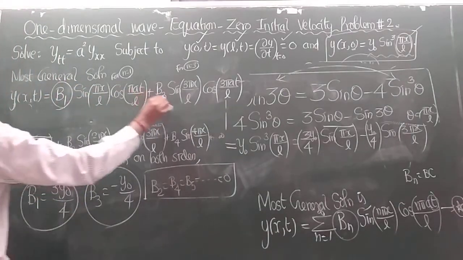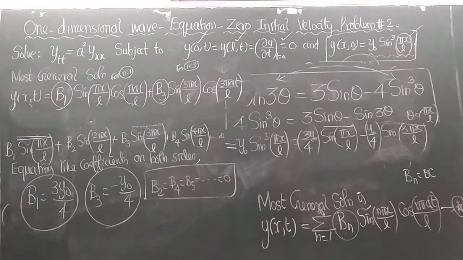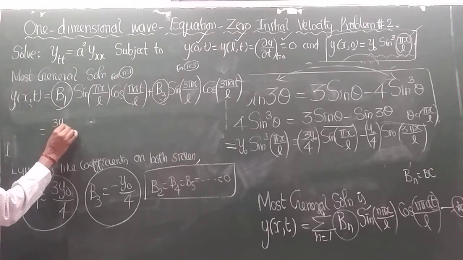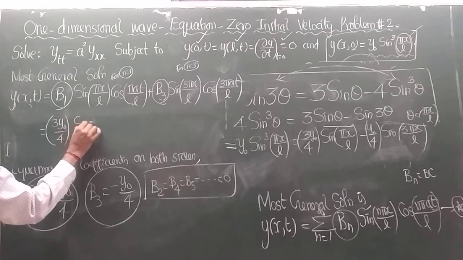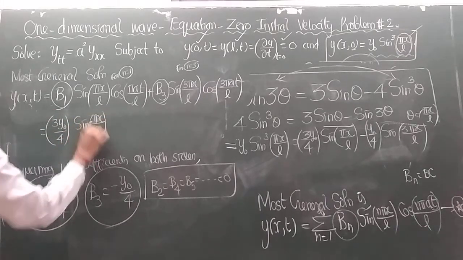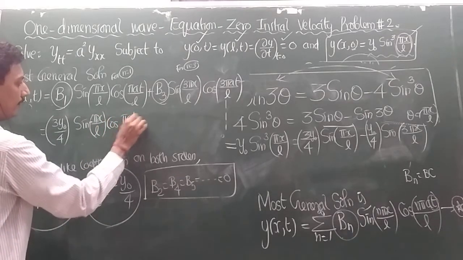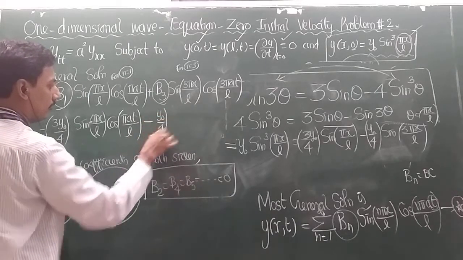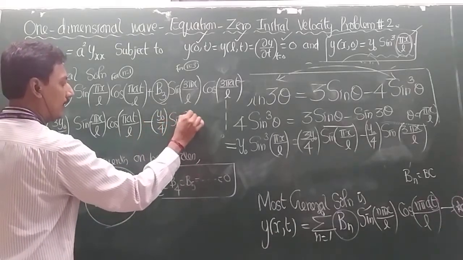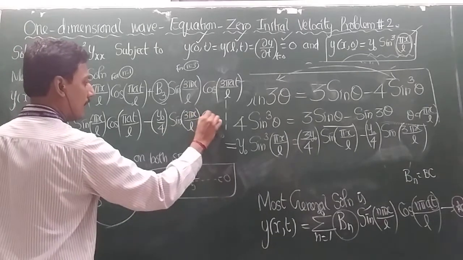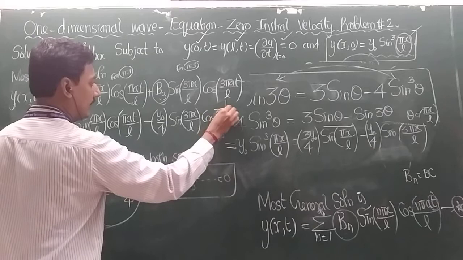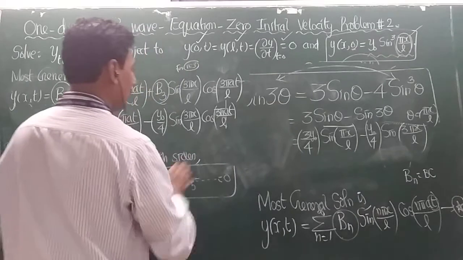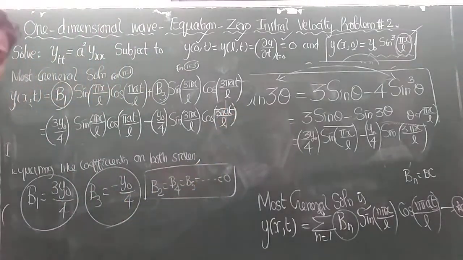Now use the b1 and b3 values. What's the b1 value? 3 y naught by 4, so it is 3 y naught by 4 sine pi x by L into cos pi a t by L. What about b3? b3 is minus y naught by 4 sine 3 pi x by L into cos 3 pi a t by L. So these are the only two terms, because all other constants are 0.